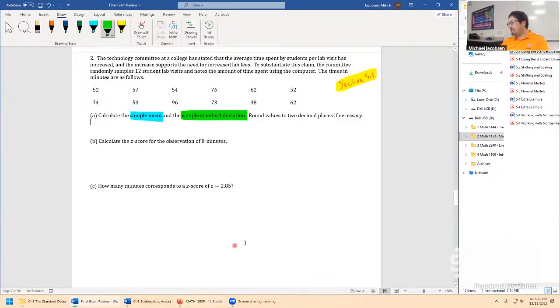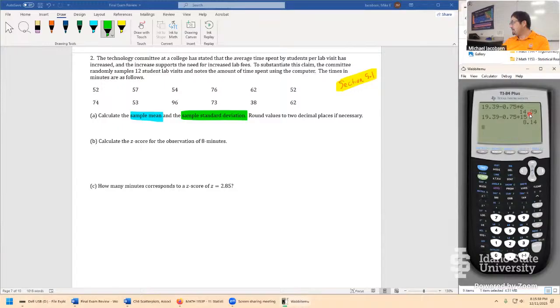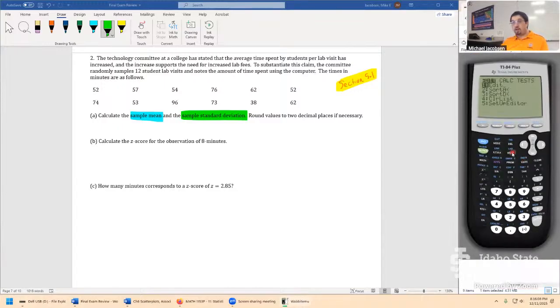But that means it's just like the last problem we went through. We're just going to throw this into the calculator and get some values. So start off just like before, hit stat key, enter. I'm going to wipe out everything so that there's no distractions. Okay, I'll go column wise for the data. 5274.